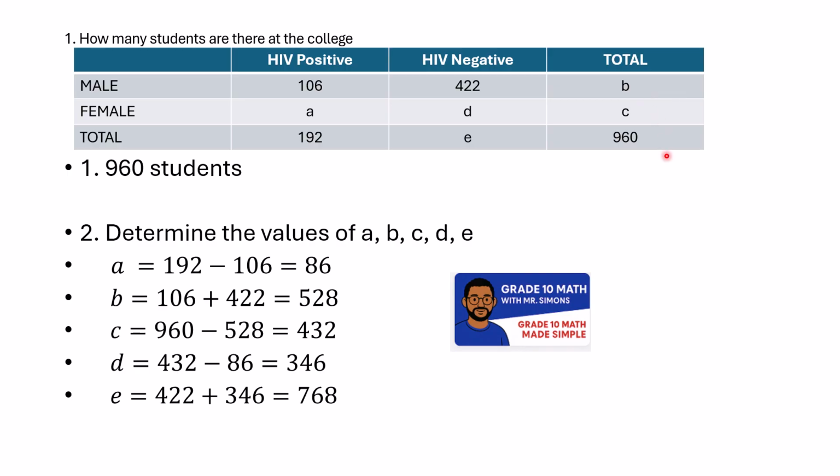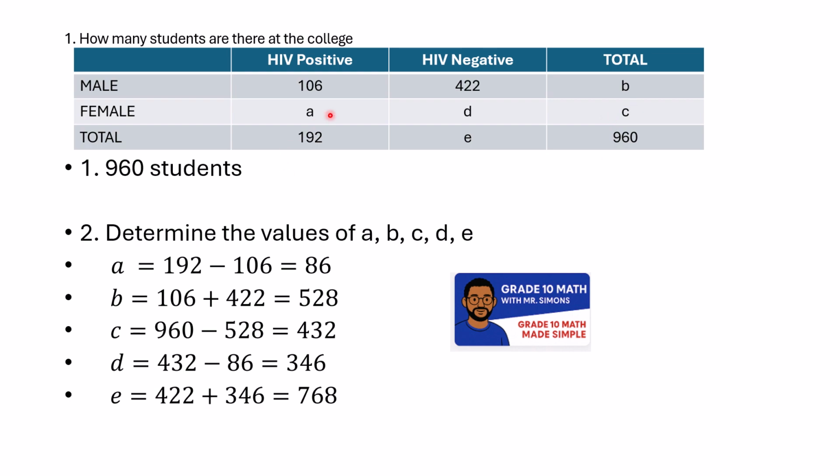To get C, 528 for B plus the value of C must give me 960. Because I don't have C, I'm going to say 960 minus the value of B, which is 528. So 960 minus 528 gives me 432. Now remember, we got A as 86 and C as 432, so to get D, 86 plus something must give me 432.